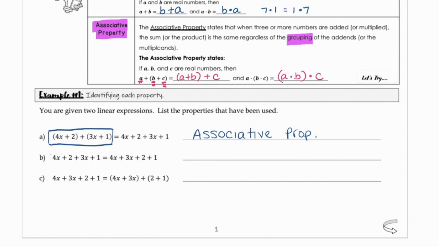So now I'm going to focus on the second one. Now I have a 4x plus 2 plus 3x plus 1. And then they give me 4x plus 3x plus 2 plus 1. What happened there? Things got moved around. Anytime something gets moved around, we're dealing with the commutative property.